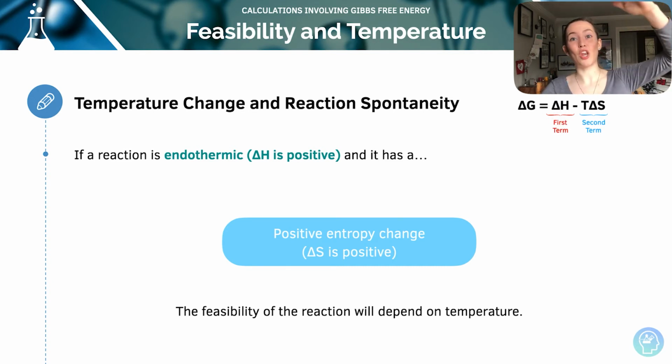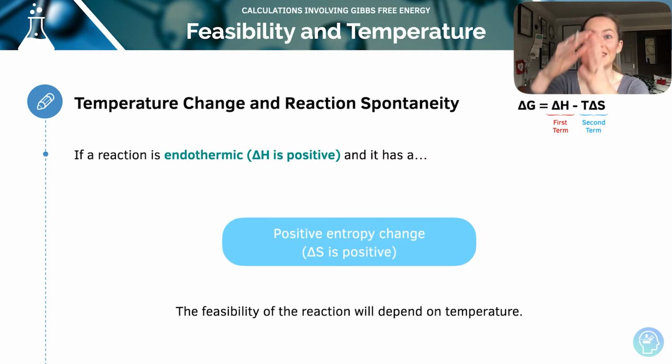That tells us whether we're going to go into a negative value for delta G or a positive value. The higher the temperature, the more likely it is for the negative value of the second term to be greater than the positive value of the first term. So they subtract to give an overall negative value for Gibbs free energy. Therefore, the reaction would be more feasible. So we're looking for a higher temperature for reactions like this to happen.